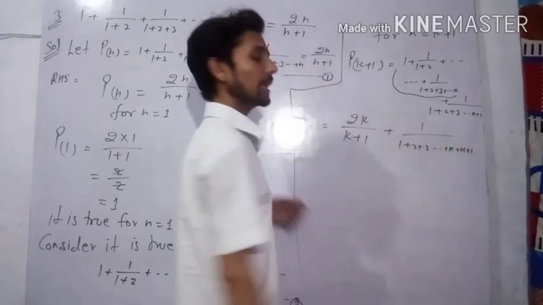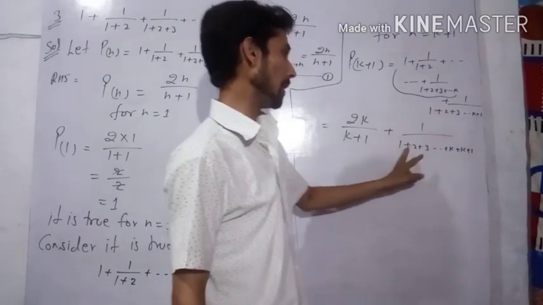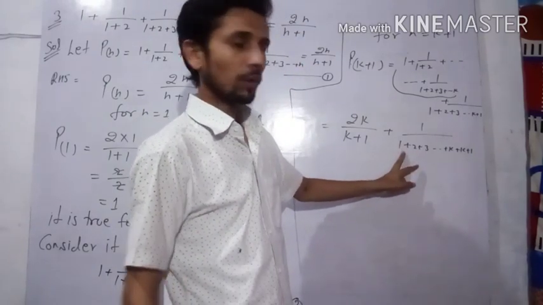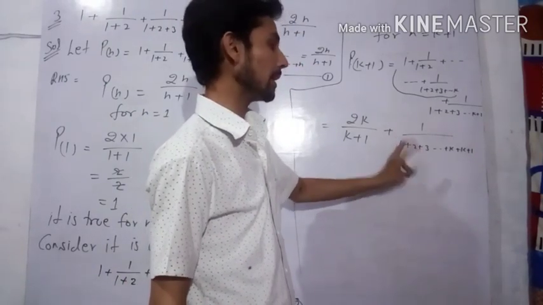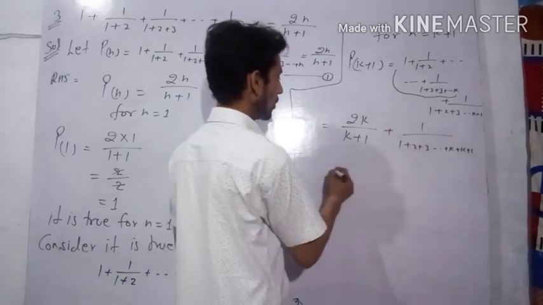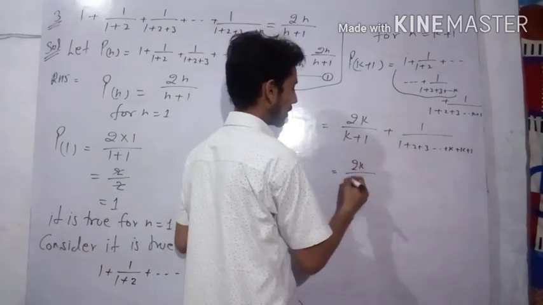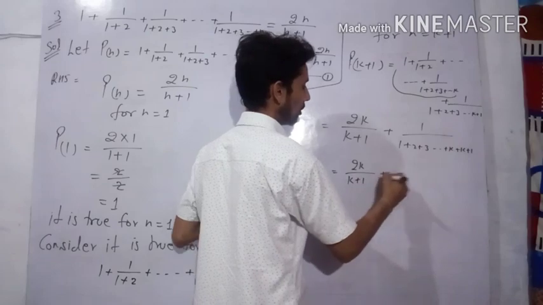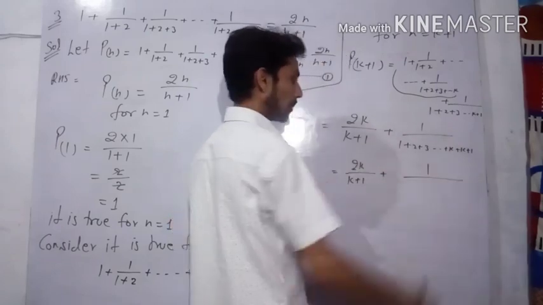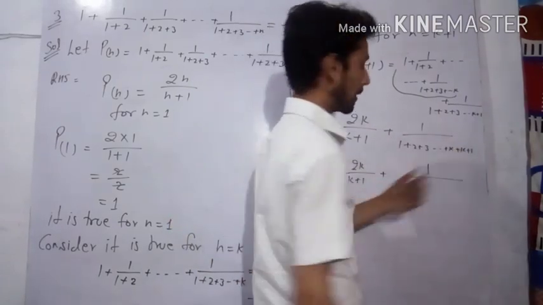It is an AP series. First term is 1 and common difference is 1. So we have to apply the summation formula. Total terms is k plus 1.